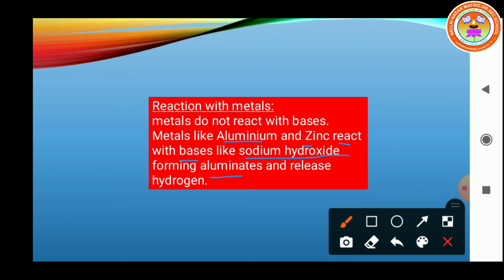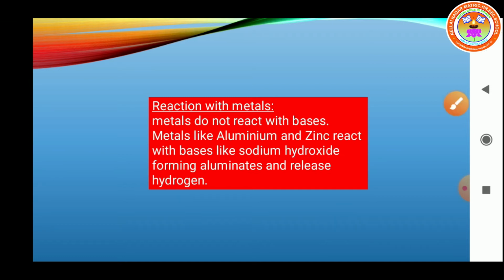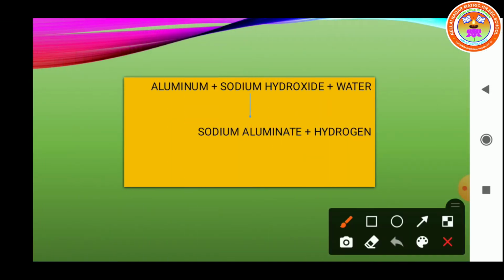One is aluminate, and another is hydrogen, released in the form of gas. Aluminium is a metal. It reacts with the base, sodium hydroxide, along with water, H2O, to form sodium aluminate and also hydrogen.